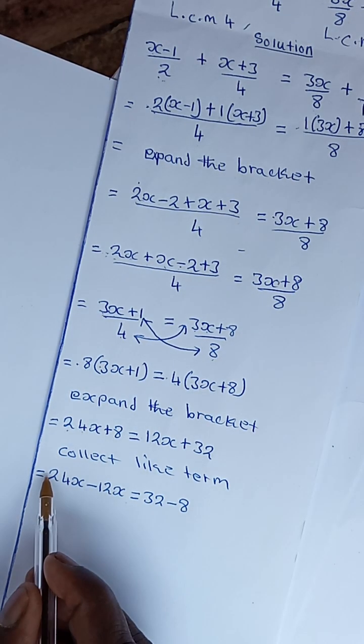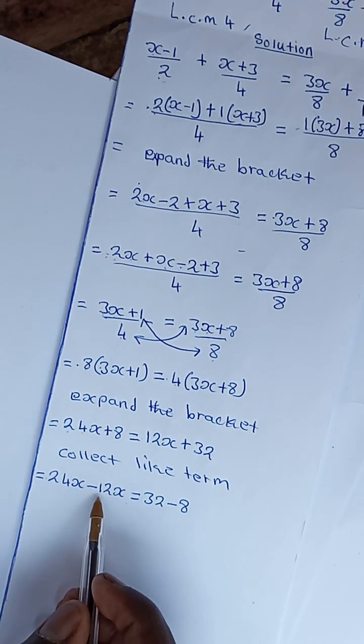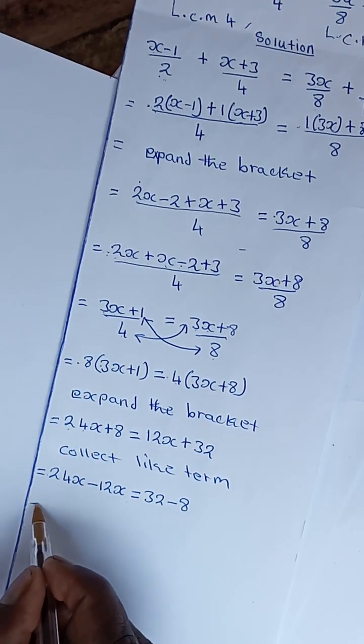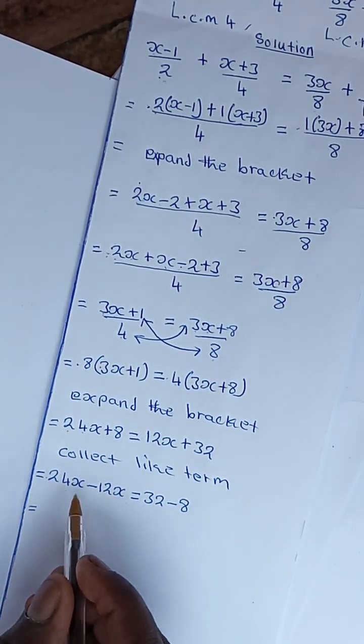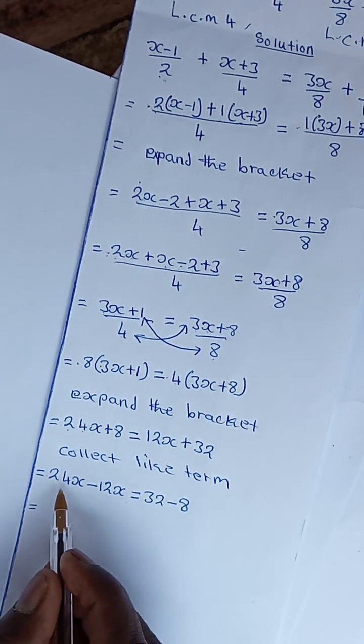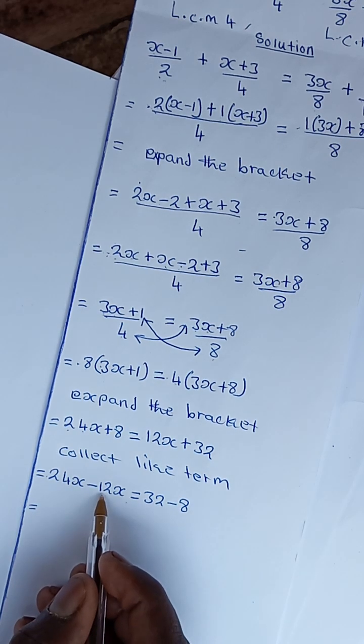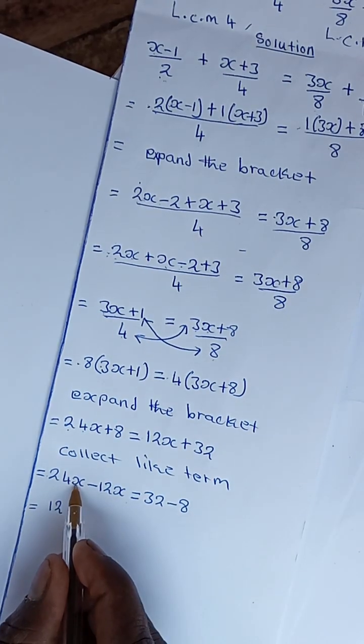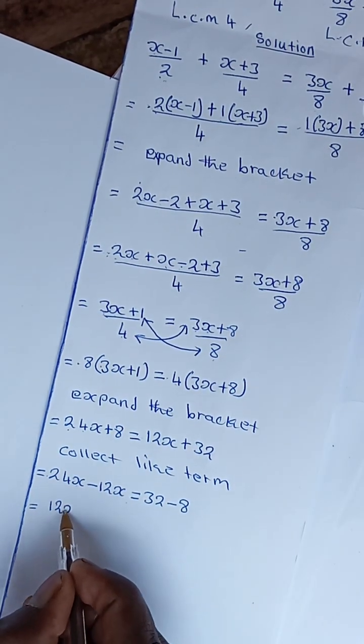Now this 24 has a sign of plus. The 12x has a sign of minus. If the signs are different, you subtract. 24 remove 12, what is remaining is 12. Here is x, here is x. You also put x here.